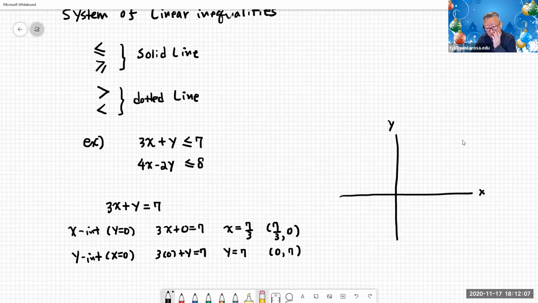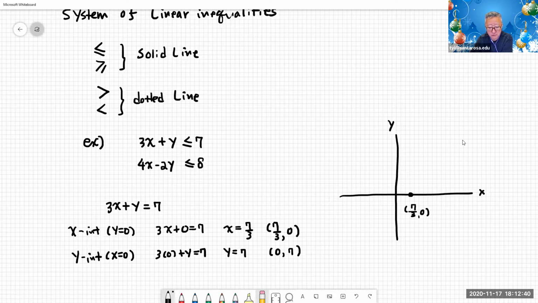So the first one is a little over 2, right? So I would say the x-intercept is going to be around 2 point something, 2.5. So I would say over here. Okay, so that's going to be 7/3 and the 0.